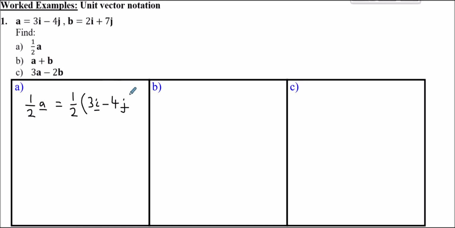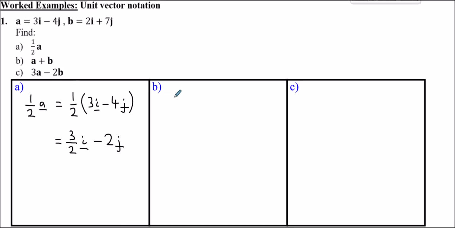So we're just going to expand these brackets in the same way you would with basic algebra. So half times 3i is going to be 3 over 2 i. Then half multiplied by minus 4j is going to be minus 2j. And that's all there is to it.